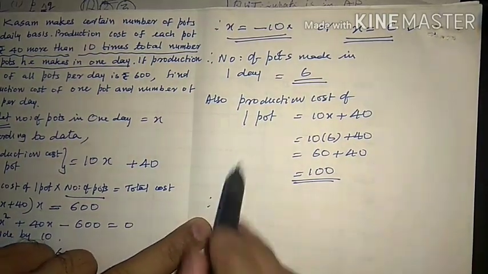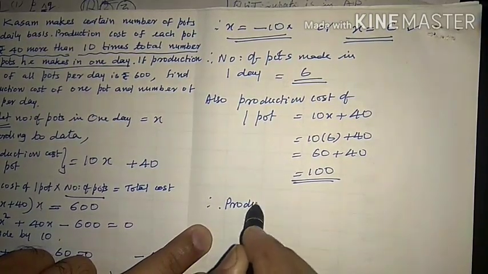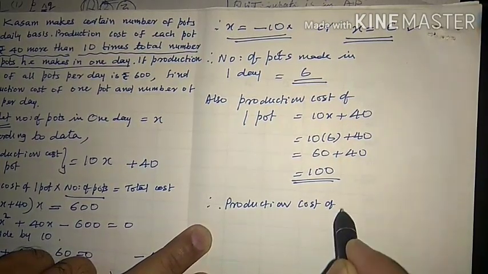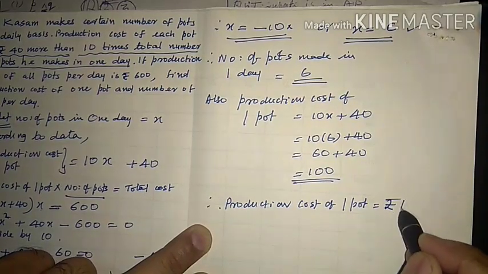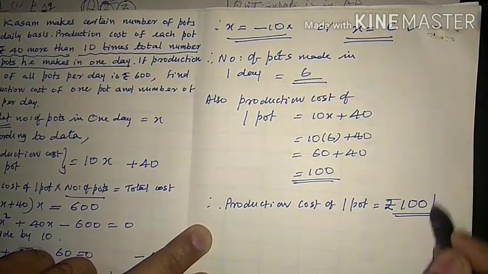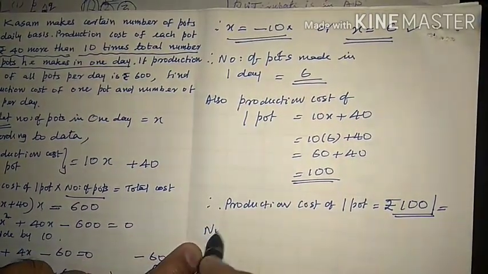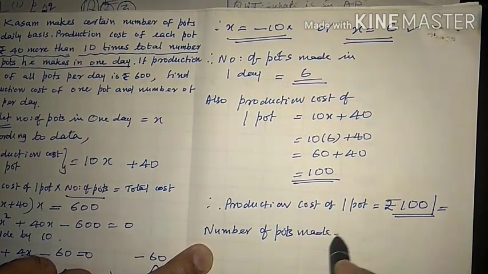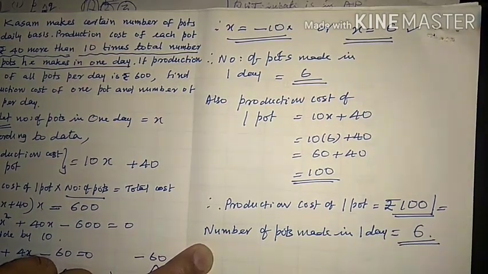Therefore the production cost of one pot is rupees 100, and the number of pots made in a day is 6.